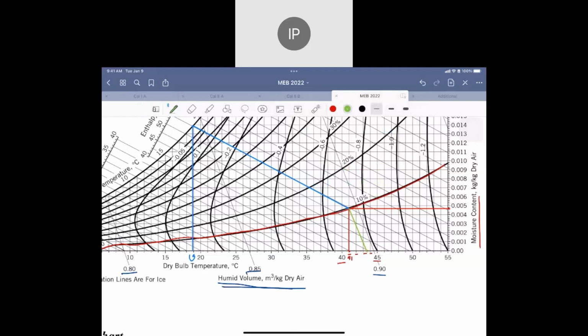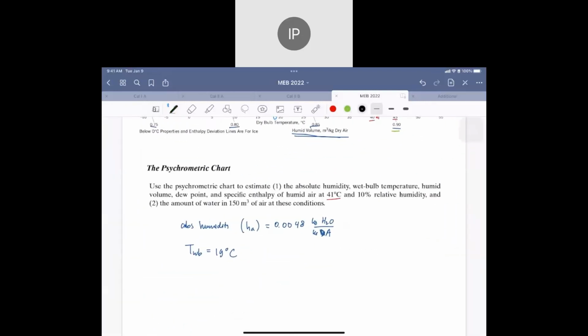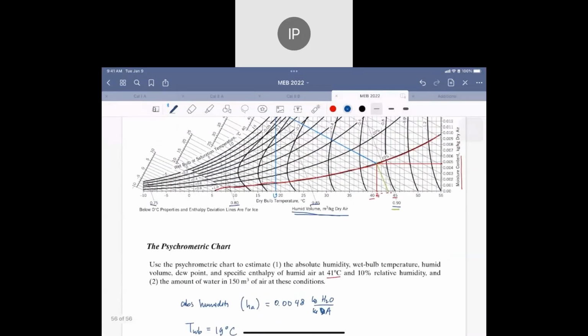So it's close to 0.90. And because between 0.85 and 0.90 it's just 0.05, probably we could say that because it's close to 0.9, the specific humid volume is 0.89. Okay, maybe that will be the best choice for the number.